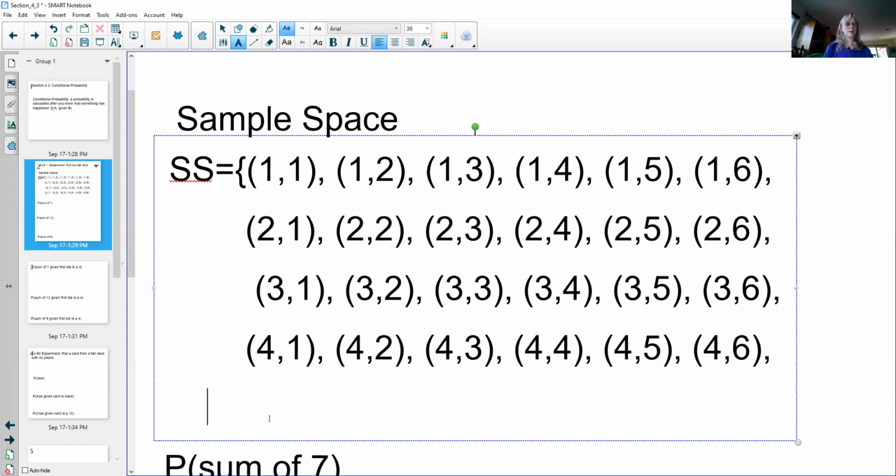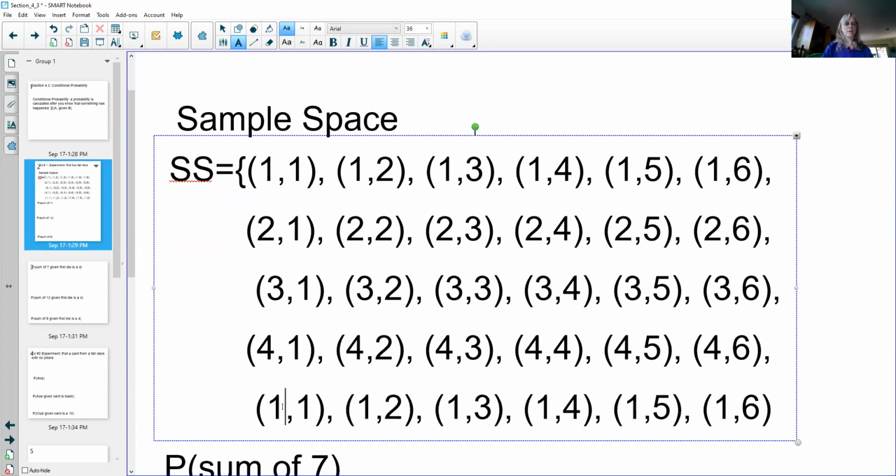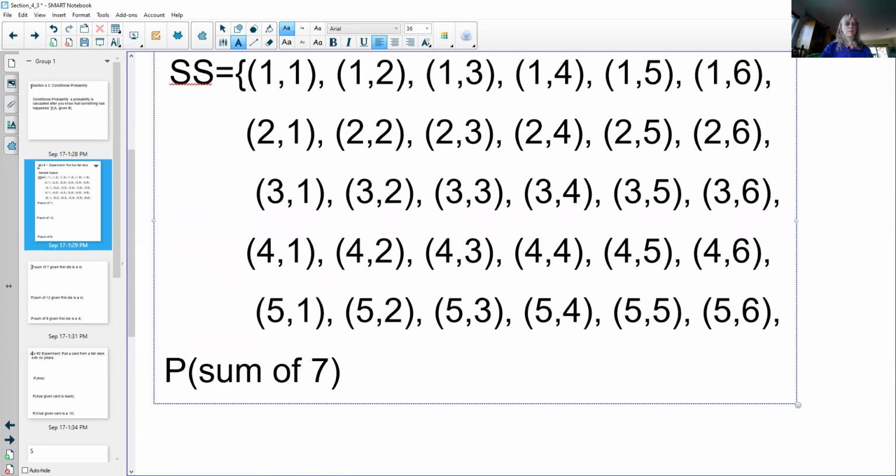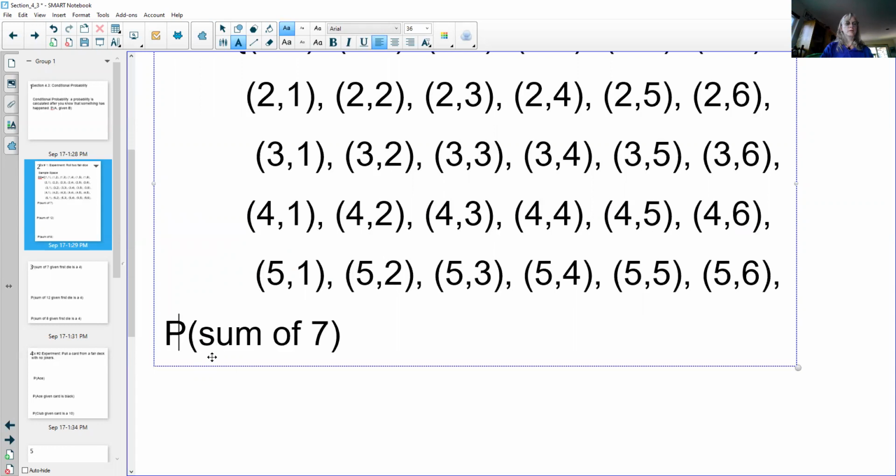Well, there was. I could have just copied a sample space when I already wrote it down somewhere, so I wouldn't have to do this again, but I didn't. But I'm almost done.